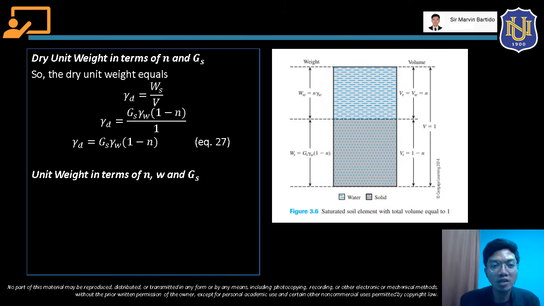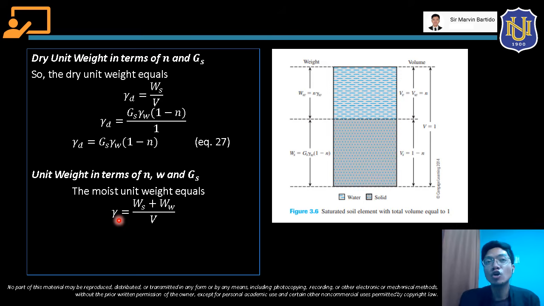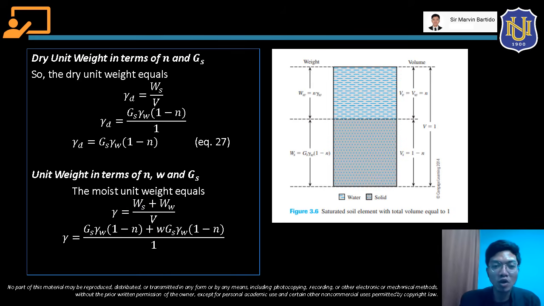Okay, now for the unit weight in terms of N, water content, and specific gravity. It is the same: our gamma is total weight over total volume. The total weight is the weight of soil solid plus the weight of water, which we already derived on the previous slide, and the total volume, class, is 1.